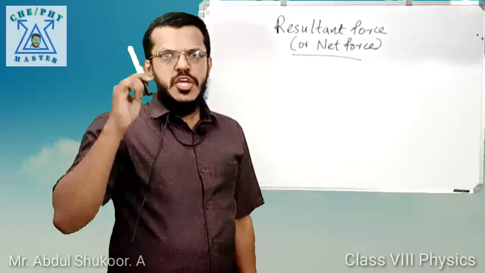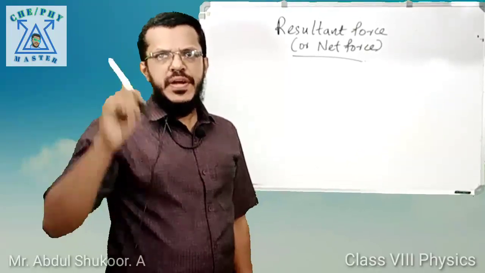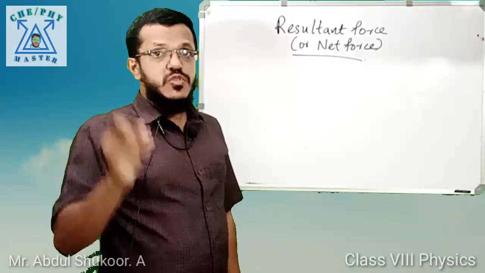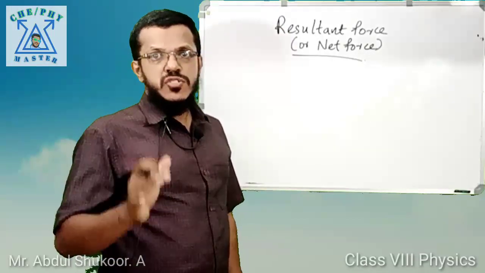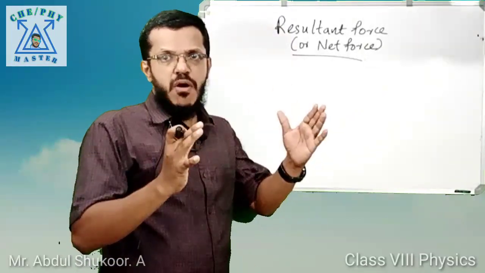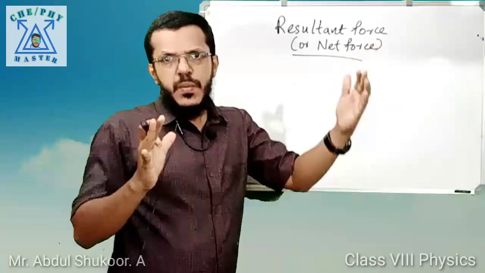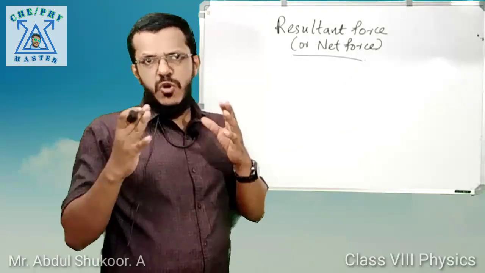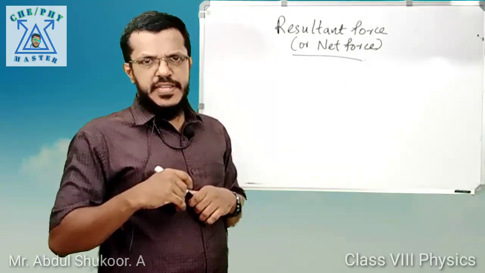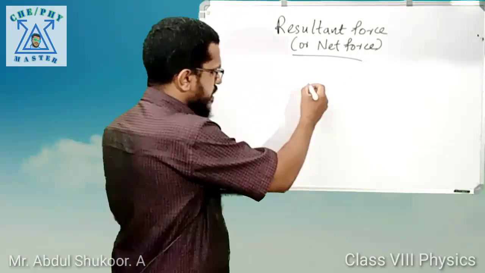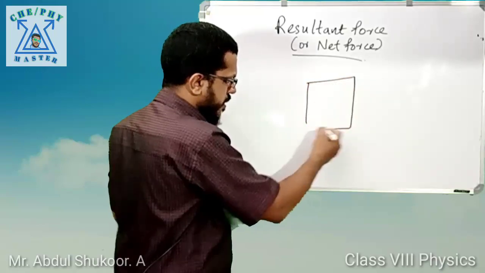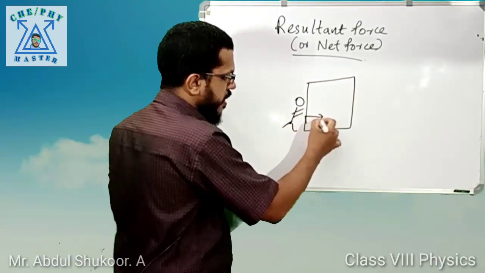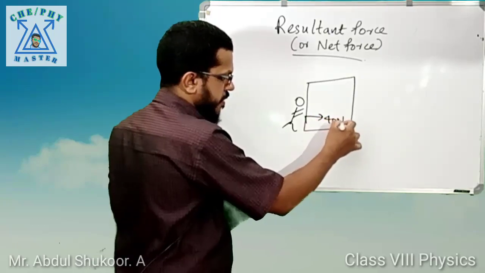Suppose you and your friend had an argument. Your friend refuses to help you. He starts pushing the heavy box in the opposite direction by applying 40 Newton force. That is equal to your force. That is, if the box is here, then you are applying 40 Newton in this direction.